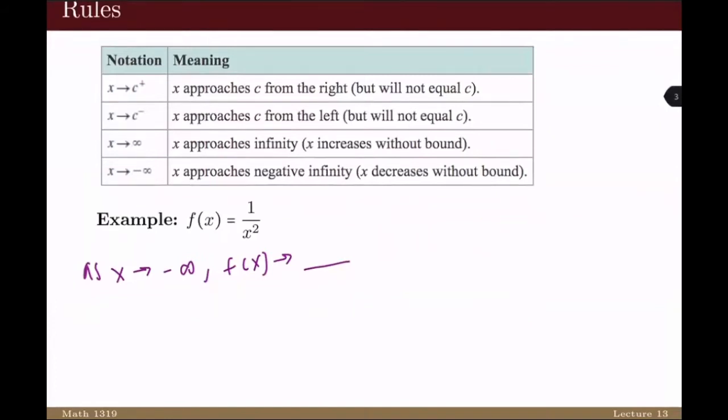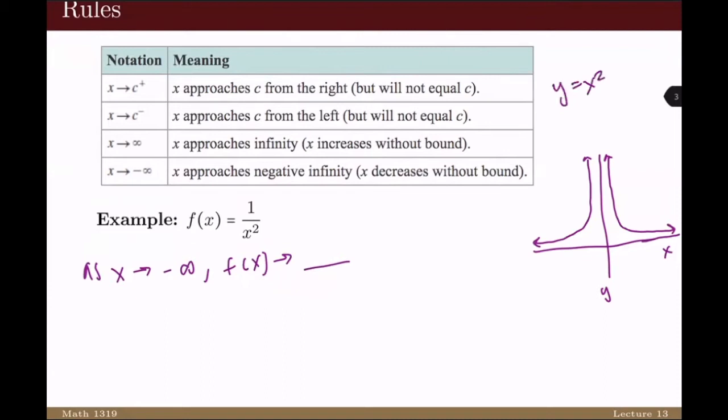I'll draw it for you really fast over here. So the graph of 1 over x squared looks like this, where it has these two pieces on the first and second quadrants of our plane. So this is the y-axis, this is the x-axis, right?